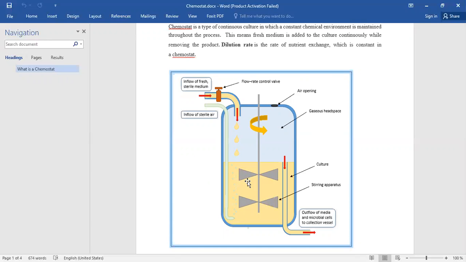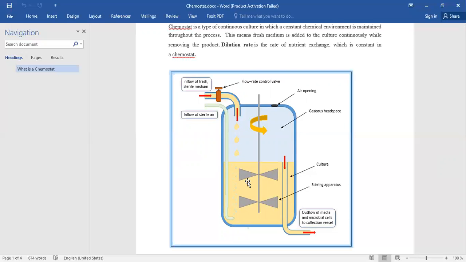The environment means the culture media, the nutrients, and the chemicals.